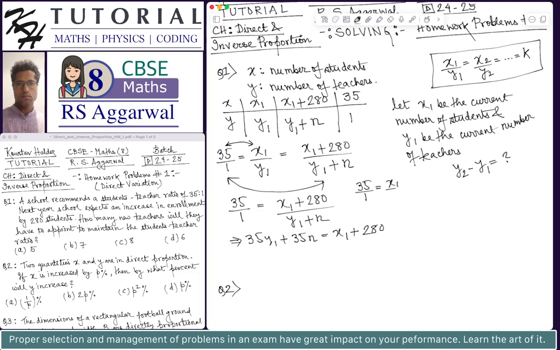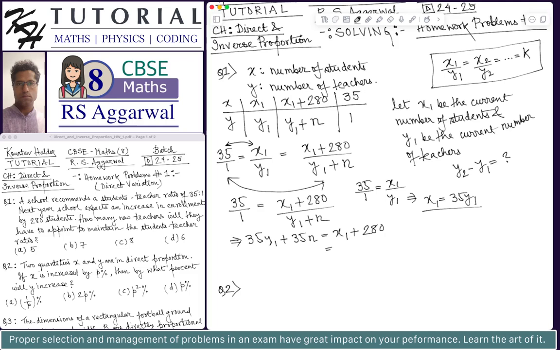I'm really sorry for my very congested and clumsy solutions, but I hope you will be able to make it out. We will use this: x1 is 35 y1. So we already got 35 y1 plus 35n is equal to x1 plus 280.